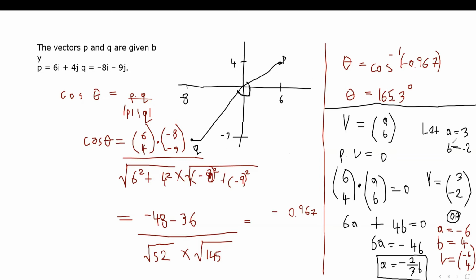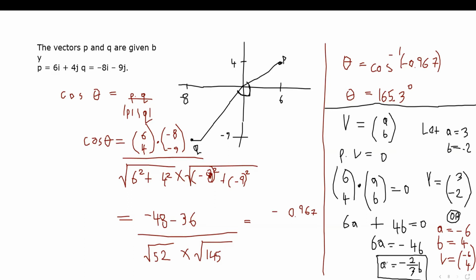Because look, if A was 3 and this is -2, 6 times 3 is 18. So this is 6A plus 4B carried over. Divide through by 6, minus 2 over 3B.